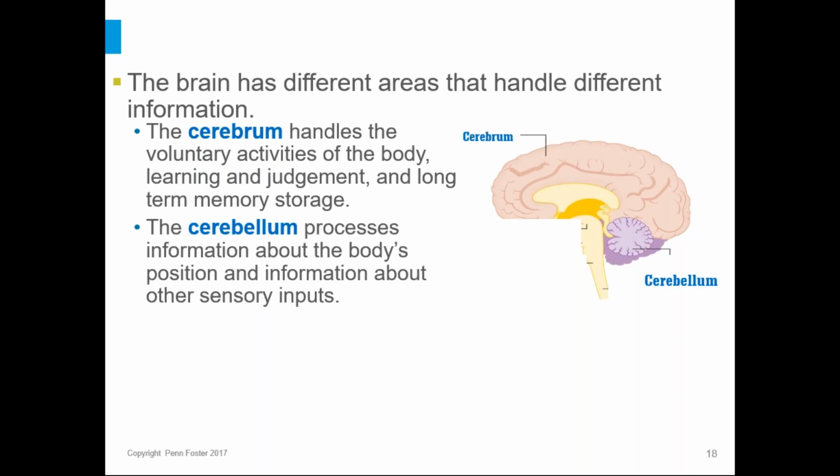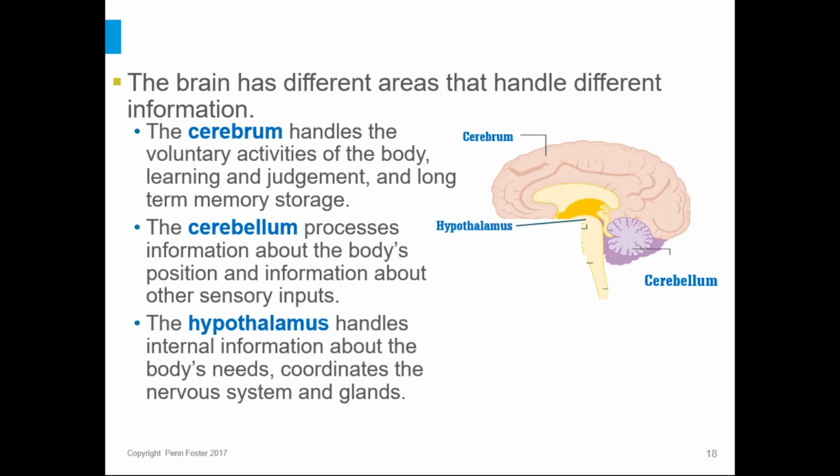The cerebellum is another part of the brain. This processes the information about your body's position and information about other sensory inputs. So the cerebrum sends the command to the individual muscles to walk, but it's the cerebellum that coordinates it all so you don't fall over when you try to walk.